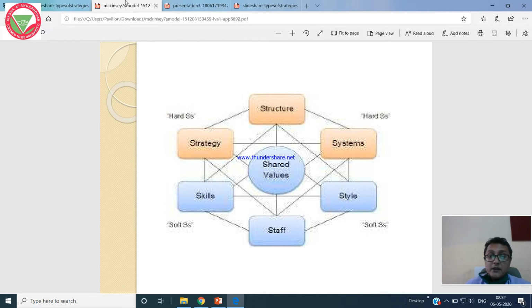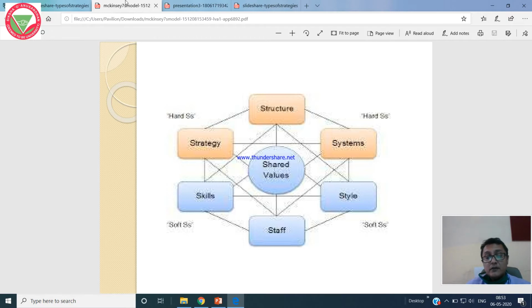Then comes systems, the second S. The system stands for the equipment, the technology through which your services or products are offered, prepared, and sent to the customers. Then comes style. Style represents the standard operating procedure, the way you are going to offer your products and services to the customers.